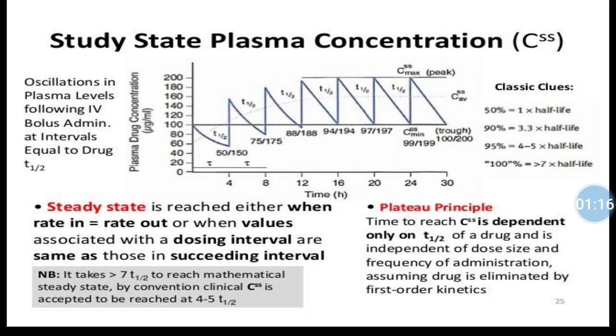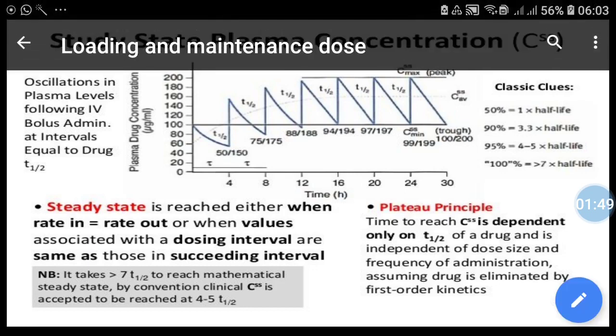It requires 4 to 5 half-lives to attain 95% of the steady state concentration, and it requires 7 or more than 7 half-lives to attain 100% of steady state concentration. And this shows that the steady state concentration depends only on the elimination half-life and not on the dose which is administered.